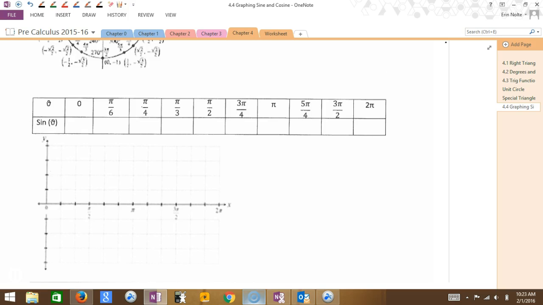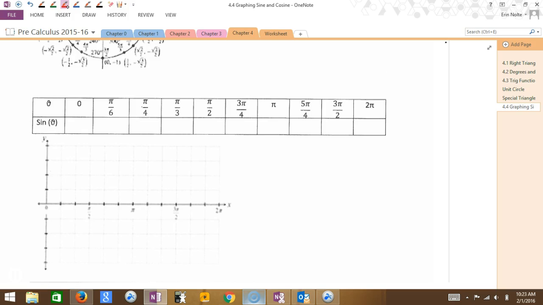Everybody looking at the unit circle, I'm going to start with looking at the radians. At 0 radians, we're going to find the sine. So what are we looking at for the ordered pair if we're looking at the sine? Are we looking at the x or the y? The y. Remember, sine is equal to the y over the r. But since we're using a unit circle, we're just going to say the r is 1.